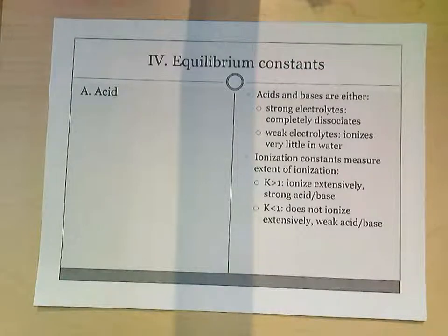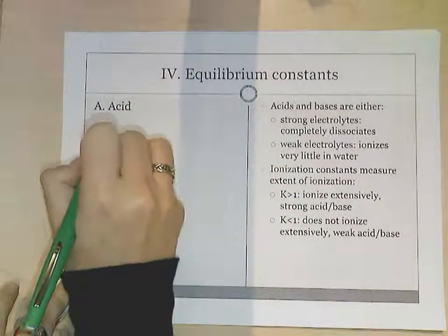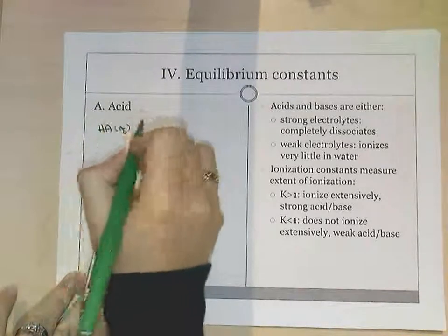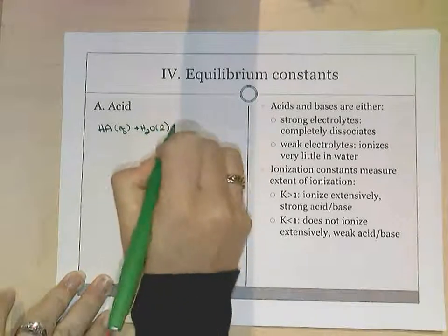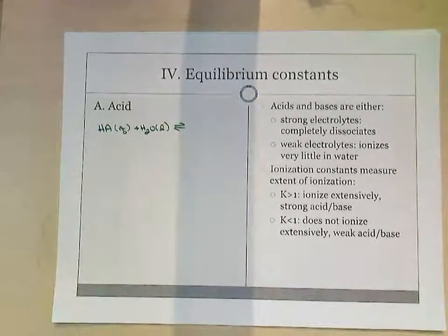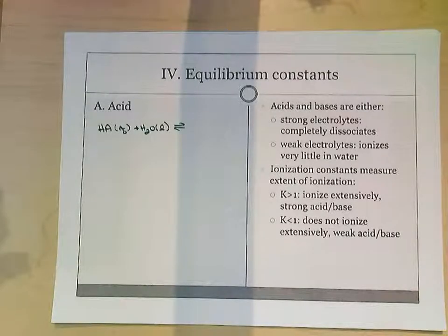All right, so let's say I have an acid reaction. So I have an acid and water in equilibrium with their products. What would be one of the possible products from this reaction?